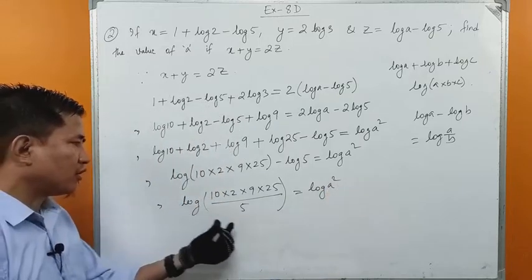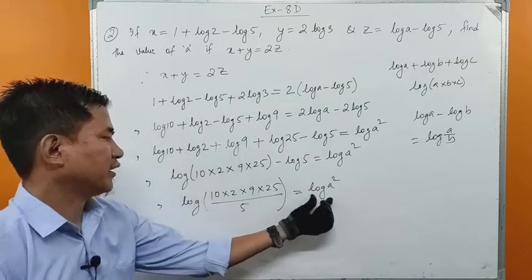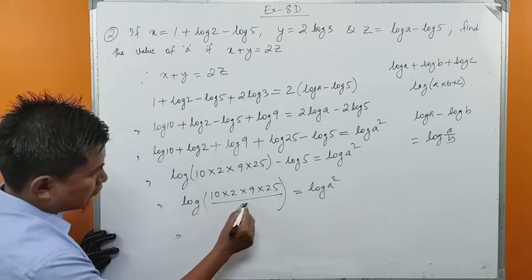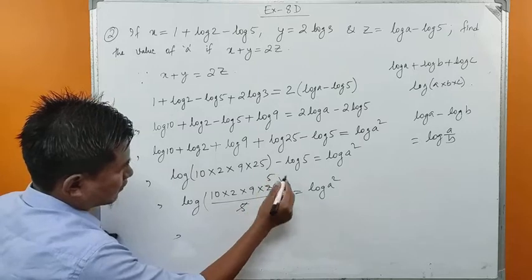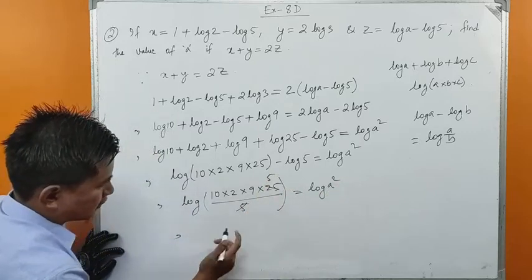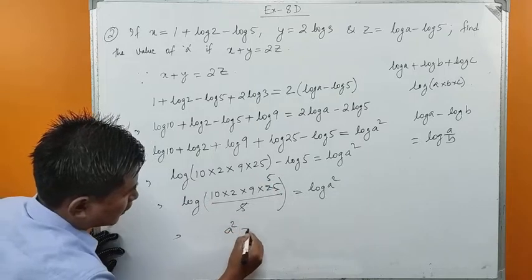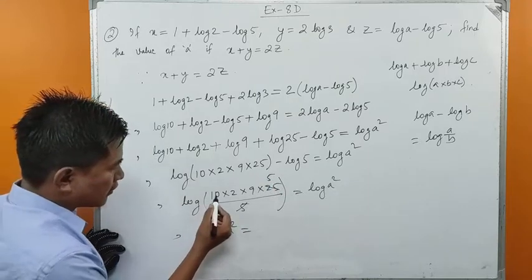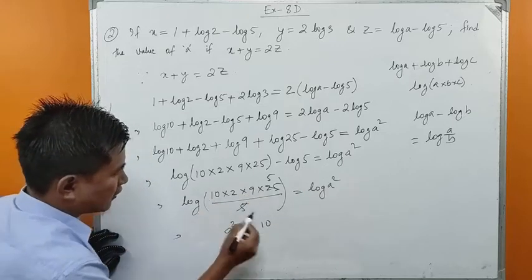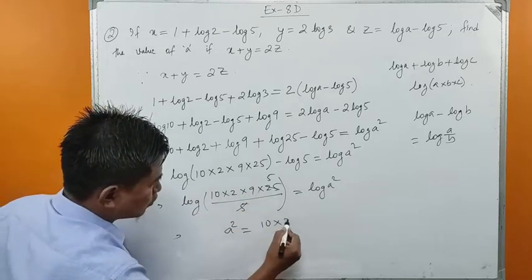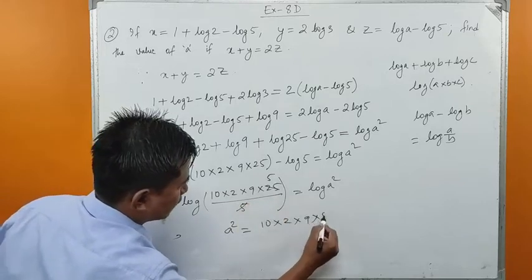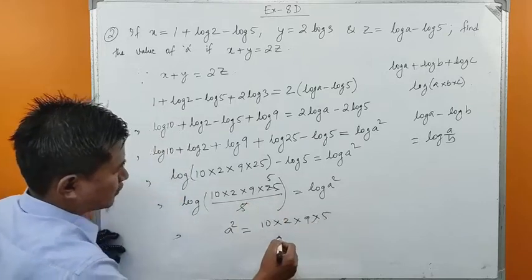Now we can leave log from both the sides. This log and this log are left out. Now 5 ones are 5, 5 5s are 25. Log and log we leave, so a squared I write in the left hand side. In the right hand side we have 10 into 2 into 9 into 5 divided by 1.